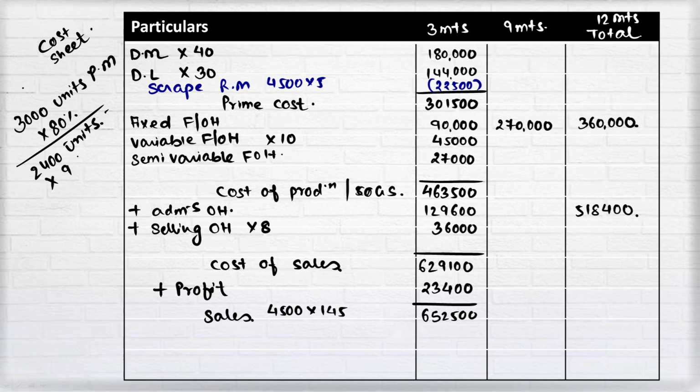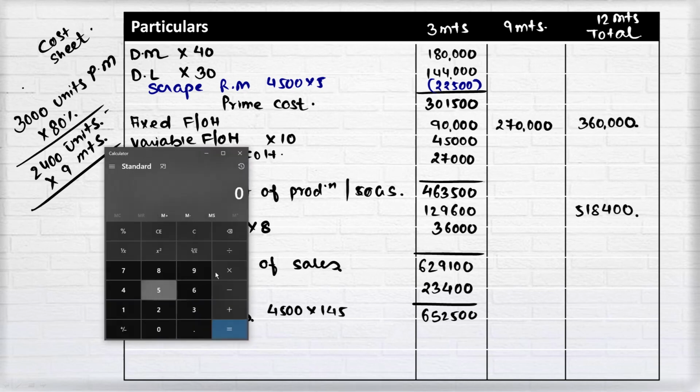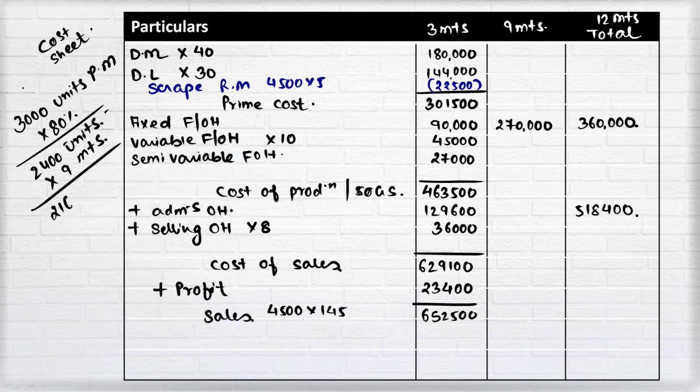And we are talking about the next 9 months, so 2,400 into 9 is 21,600 units. We have already talked about 4,500.